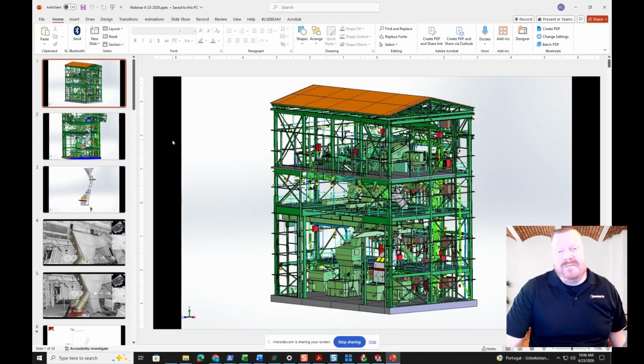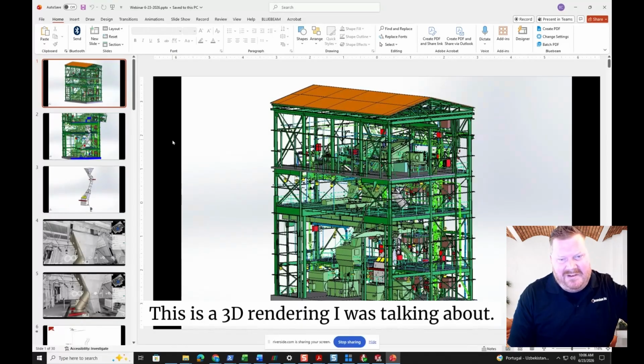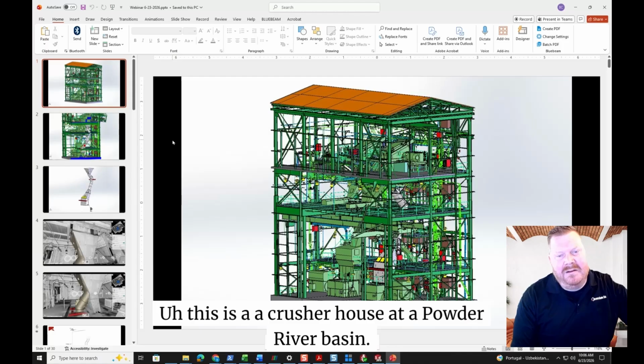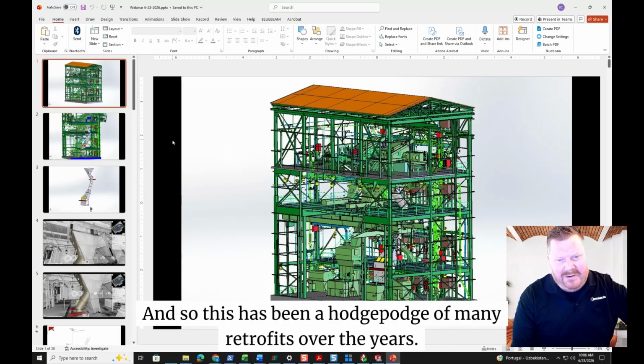Awesome. All right. So what everybody attending is seeing on the screen is the 3D rendering I was talking about. This is a crusher house at a Powder River Basin coal-fired power plant. It has been a hodgepodge of many retrofits over the years.